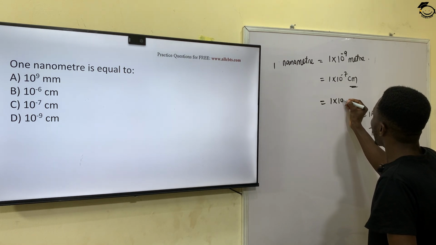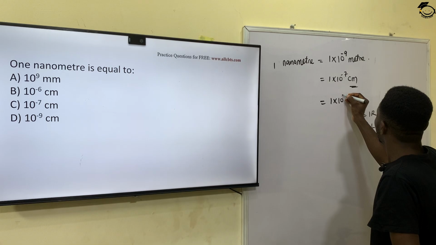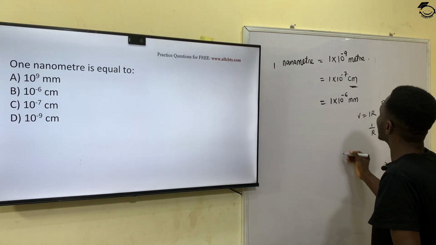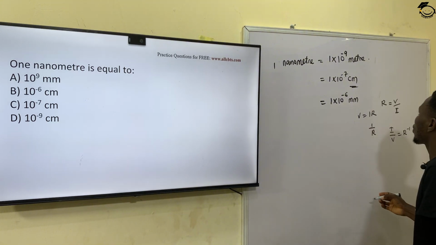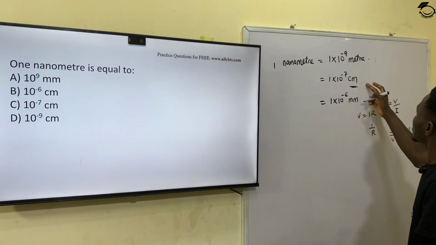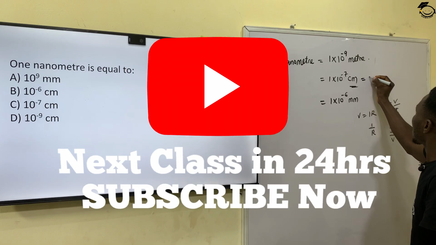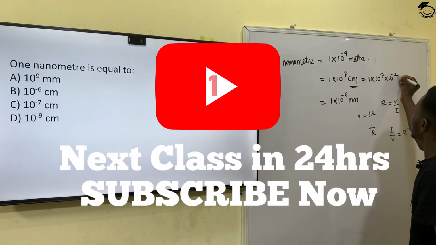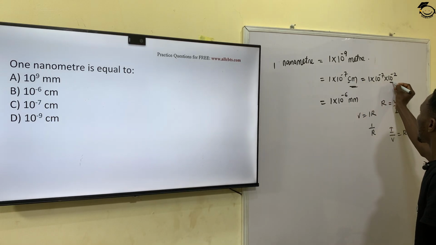If I want to convert it to millimeters, that will give me 1 times 10 raised to power minus 6 millimeters. What I've simply done here is, if you spread this out, I have 1 times 10 raised to power minus 7 times 10 raised to power minus 2, because centi here means times 10 raised to power minus 2.